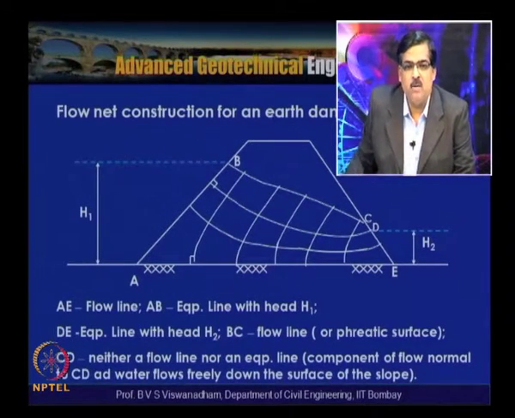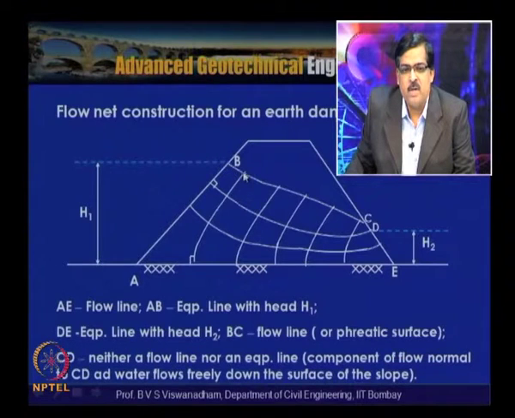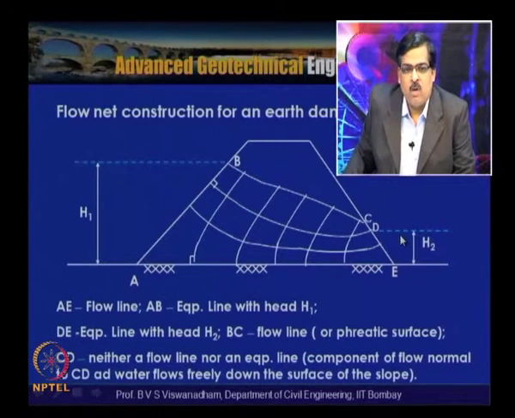So depending upon the location, we can divide this into a number of drops, that is H1 minus H2 divided by the number of drops. We can simply say delta H, equal potential drops, can be divided. As the water flows from this point to this point, there is a dissipation of head which takes place.